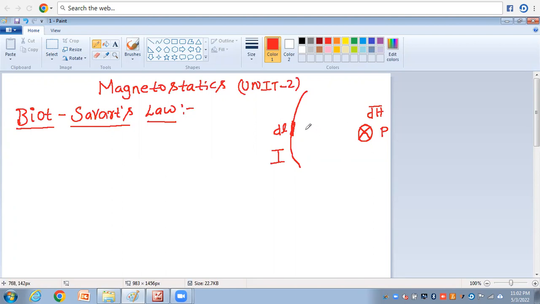Now the line joining this differential length and point P has a distance R. Now I will go with the definition based on this representation.